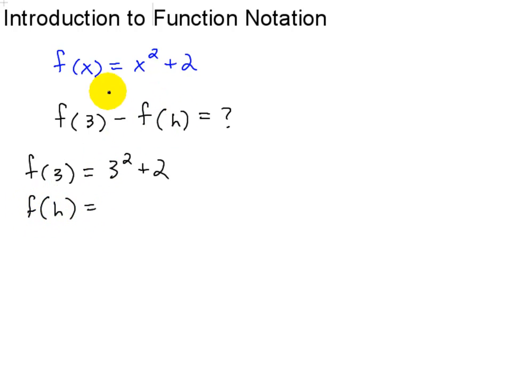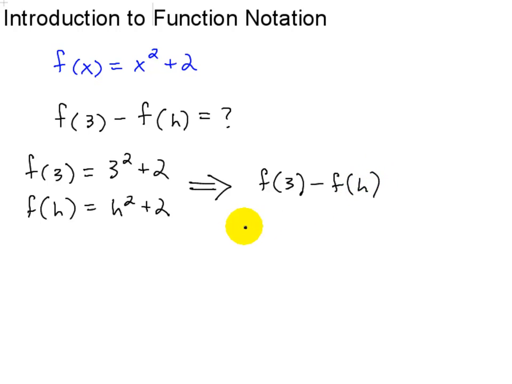For f of h, my input now to the function is h, so I replace my input up here: h squared plus 2. So now I can say f of 3 minus f of h equals 3 squared plus 2 minus h squared plus 2.